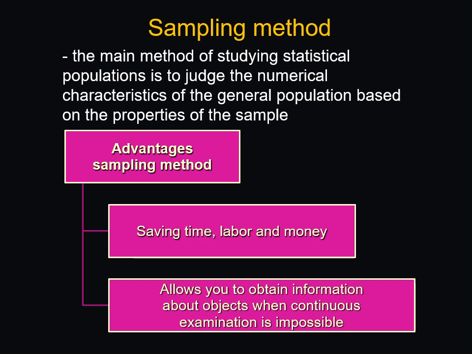It consists in being able to judge the numerical characteristics of the general population by the properties of the sample, when the general population is inaccessible for study, or is very large, or requires huge investments to obtain objective information.